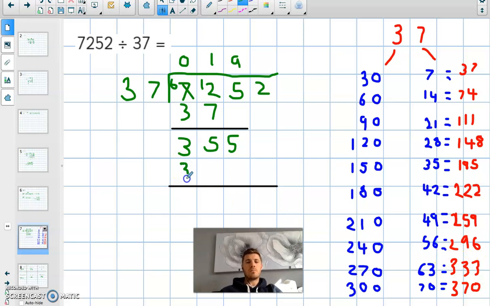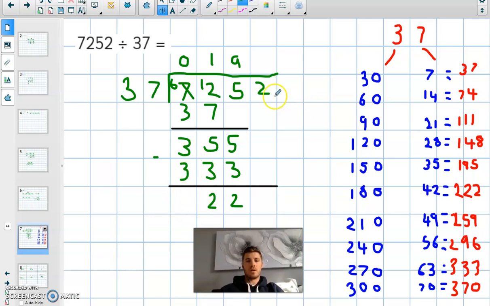So I'm going to put that number below 355 and subtract it. So 5 take away 3 is 2, 5 take away 3 is 2, and 3 take away 3 is 0.